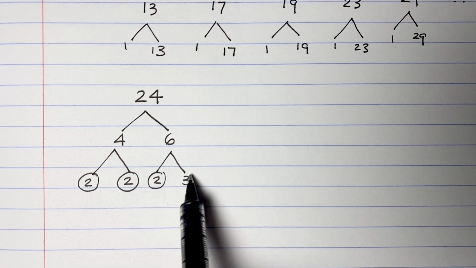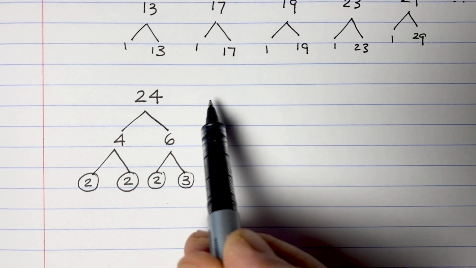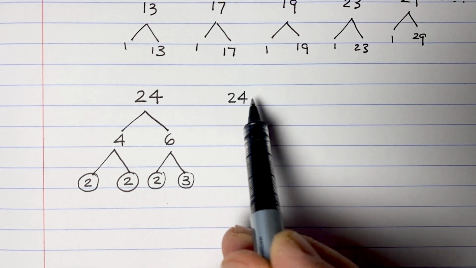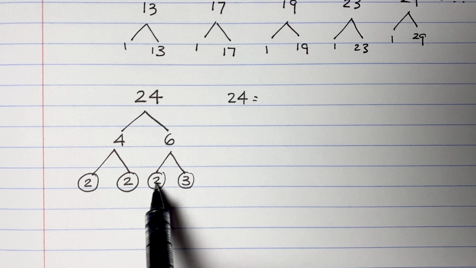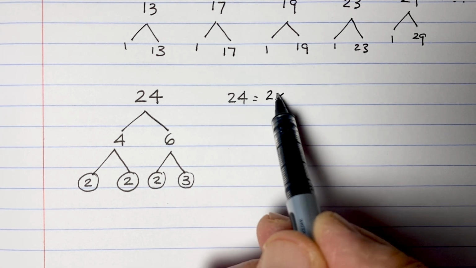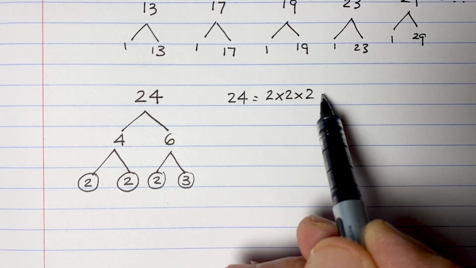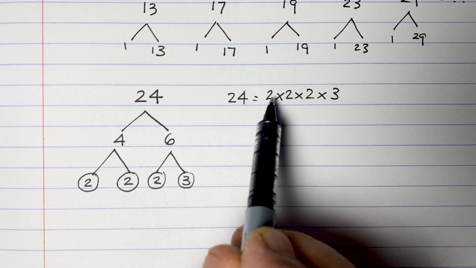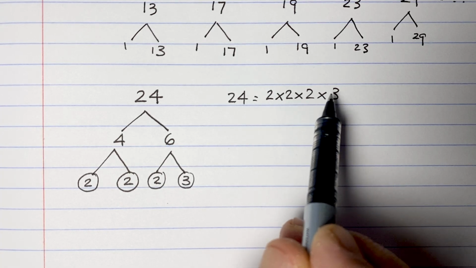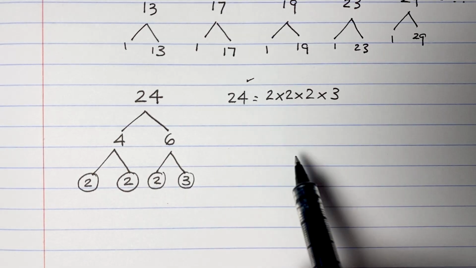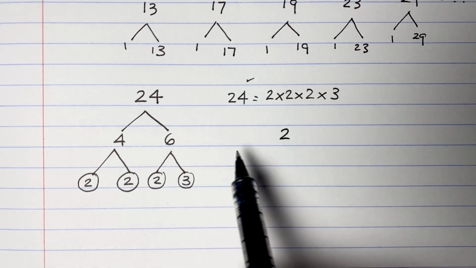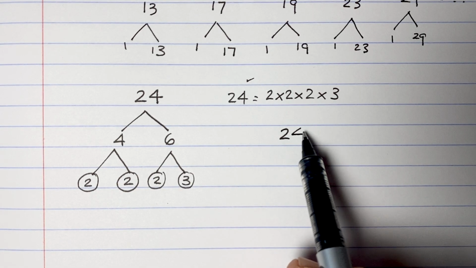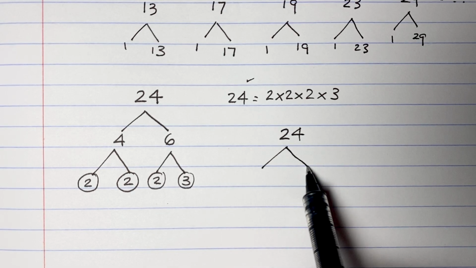So 24 can be written as 2 times 2 times 2 times 3. And you can see these numbers are all prime numbers. Check. 2 times 2, 4, 4 times 2, 8, 8 times 3, 24. Now, if you didn't start with 4 and 6, you could have started, say, with 3 and 8.